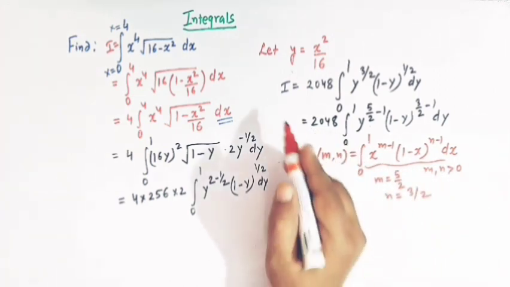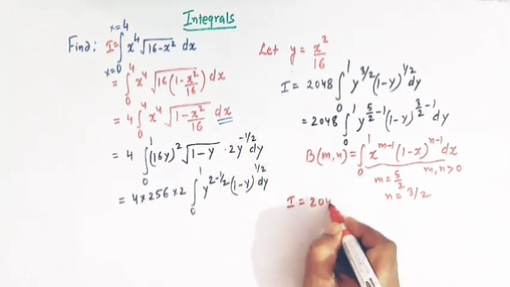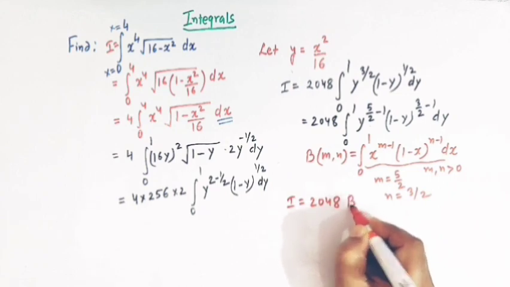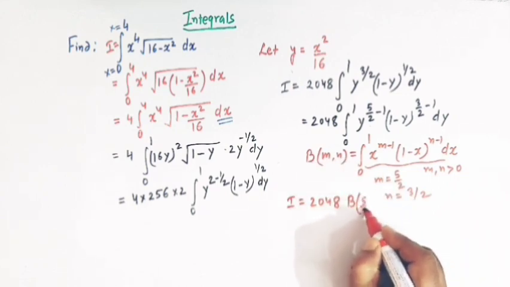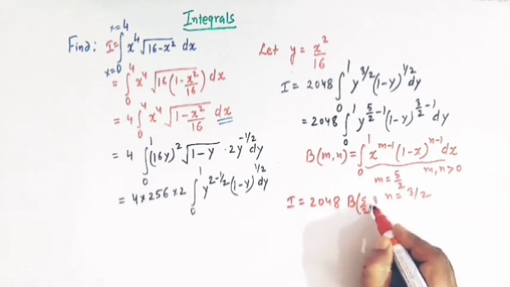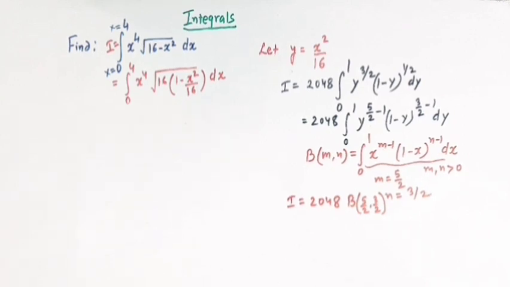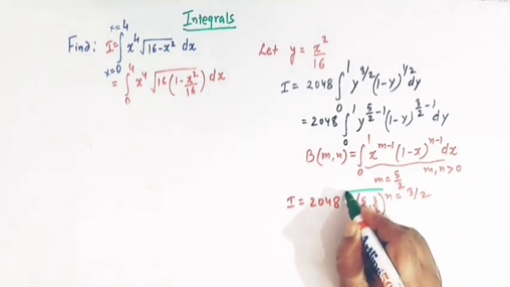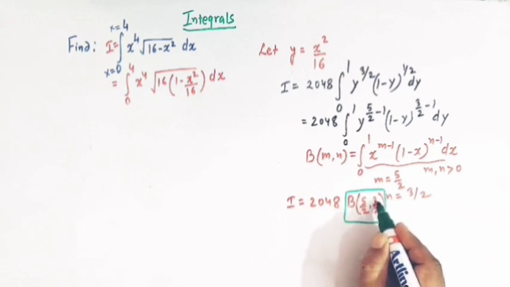So now this integral I can be written as 2048 times beta of m, n, where m is 5 by 2 and n is 3 by 2, right? So now we have to calculate the value of beta of 5 by 2, 3 by 2.